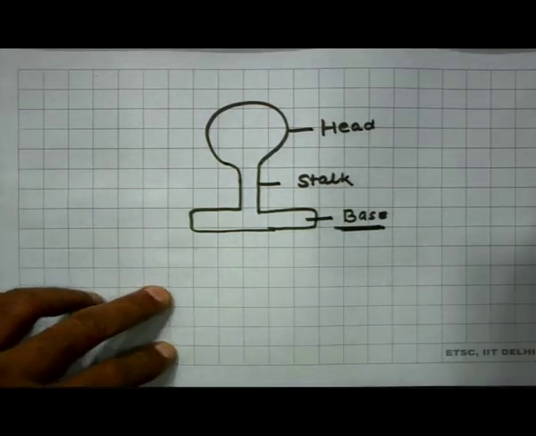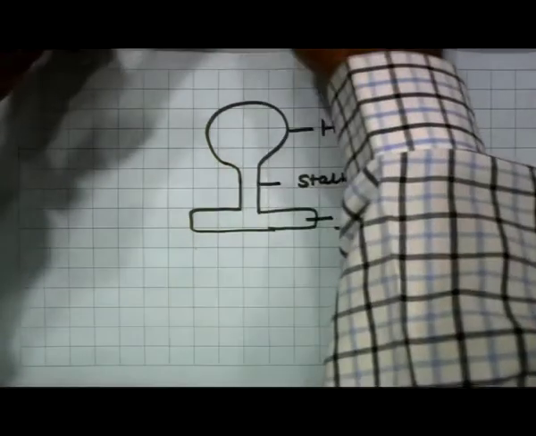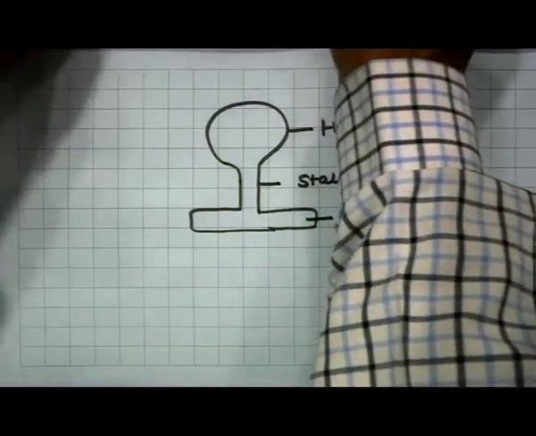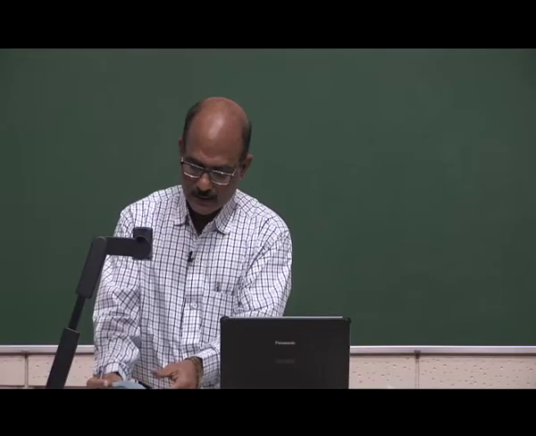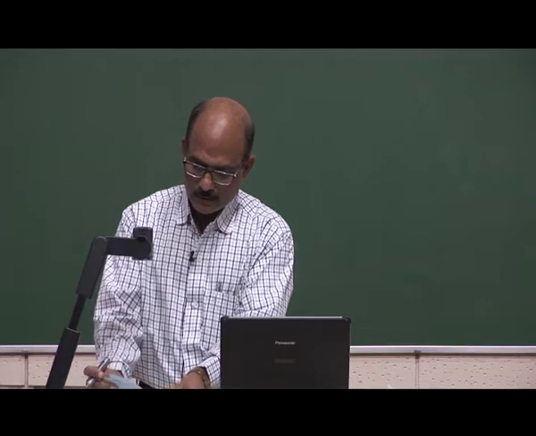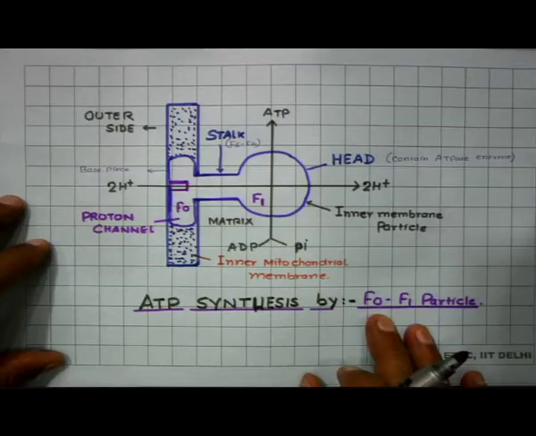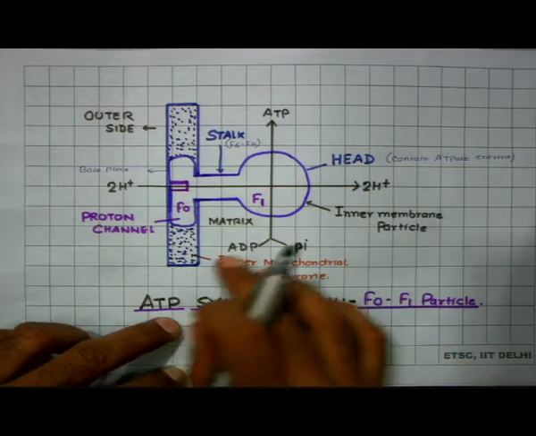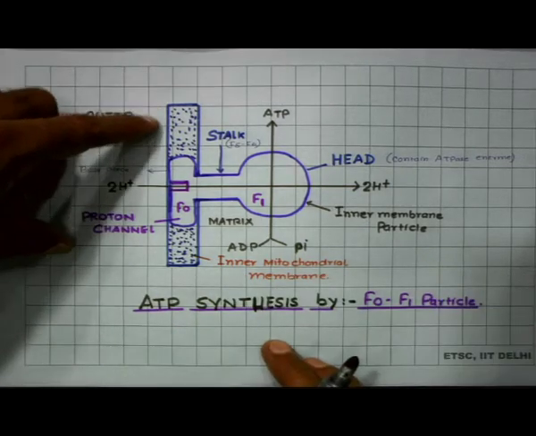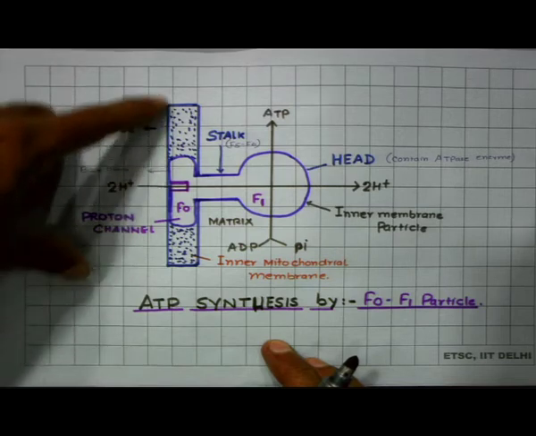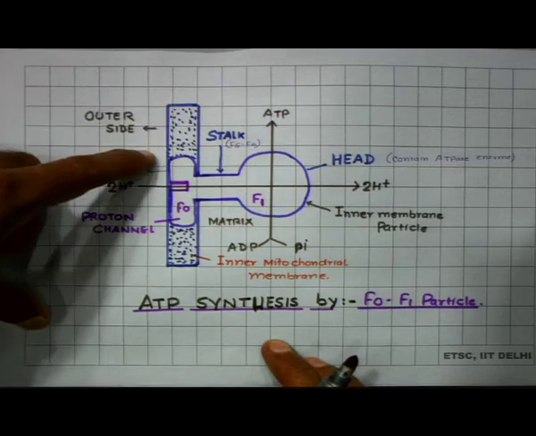All the enzymes are present at the head region. This is the structure of the oxysome. Here is the outer side of the mitochondria, called the outer membrane.